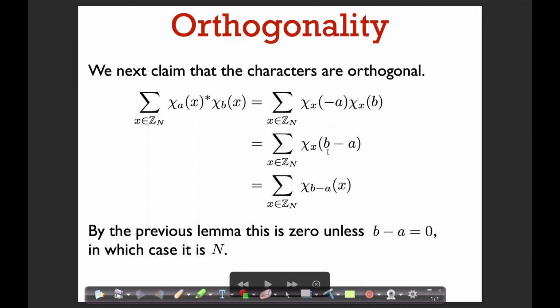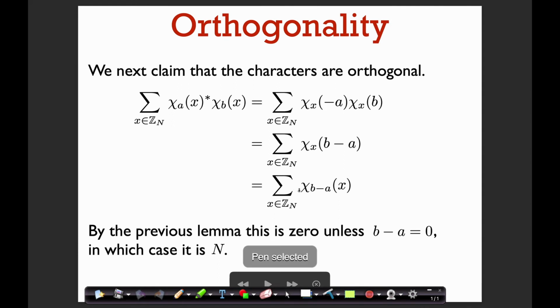Now in this step to this step, I'm using the multiplicative property, okay? And now I'm exchanging the subscript and argument again, okay? So I arrive at this inner product being the same as the sum over x of chi of b minus a of x.